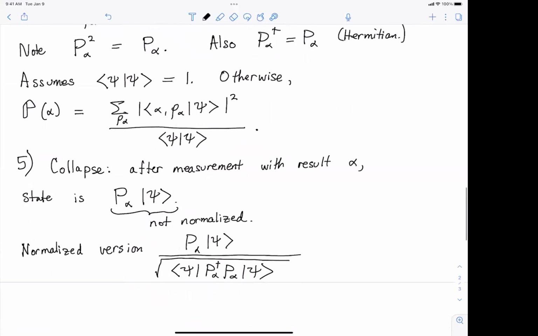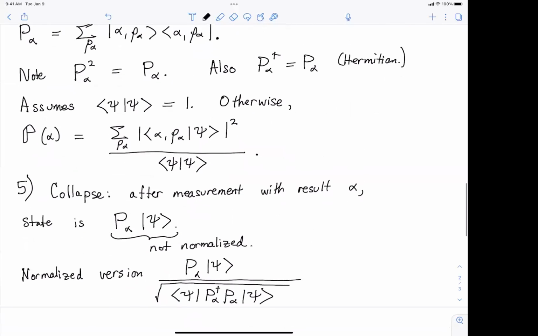Okay, so P alpha dagger is P alpha. That means this dagger I didn't necessarily have to write, which means P alpha dagger P alpha is, according to this, just equal to P alpha. And so another way of writing this is I could have written just one P alpha in the denominator.